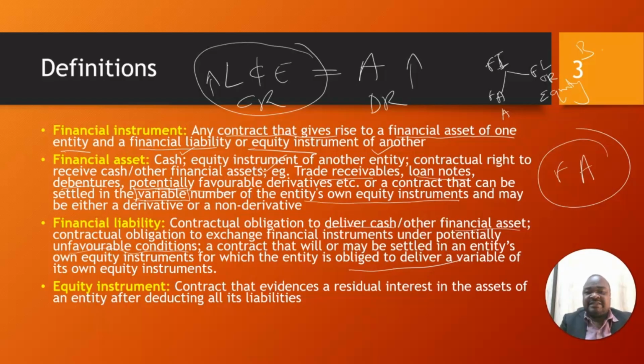Is that clear? Good. So this one is the financial liability. Equity instrument: this is a contract that evidences a residual interest in the assets of an entity after deducting all its liabilities. So this is the prime definition of equity.